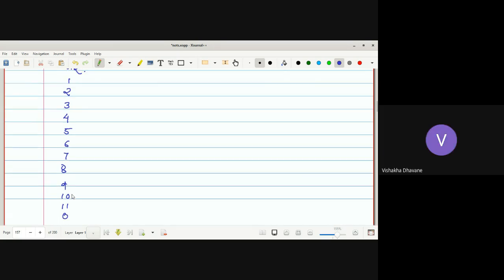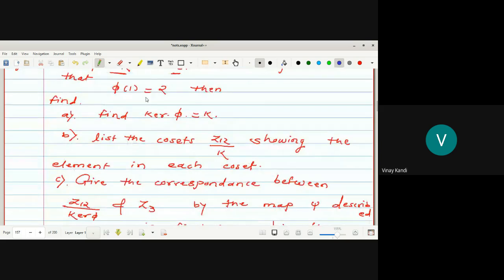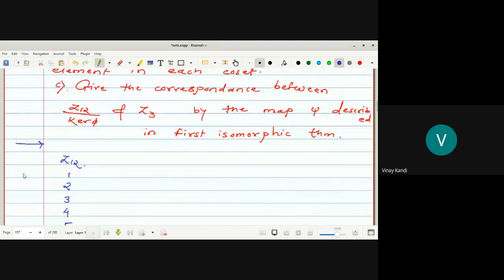Yes. Now what is given to us? Phi of 1 maps to 2. If you apply phi on this one, we get the image element of Z3 which is equal to 2. Here also given that phi is a homomorphism, that is phi of 1 is equal to 2.